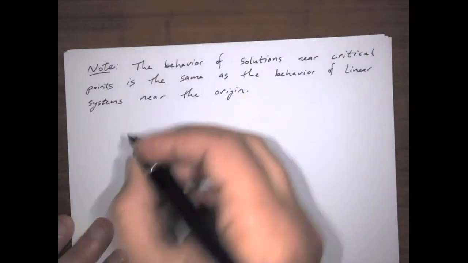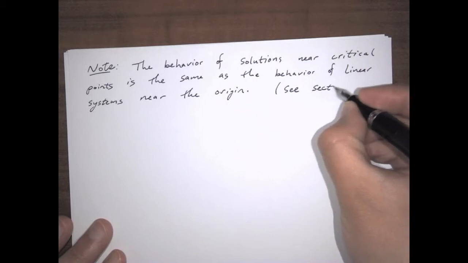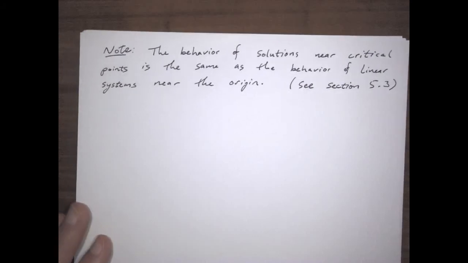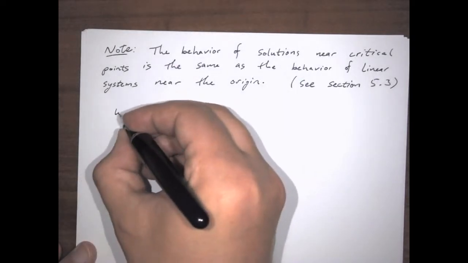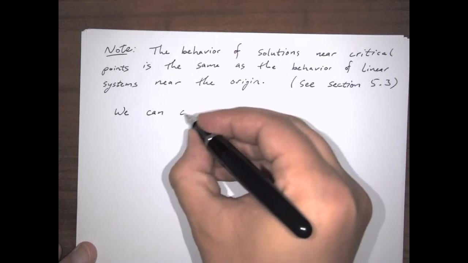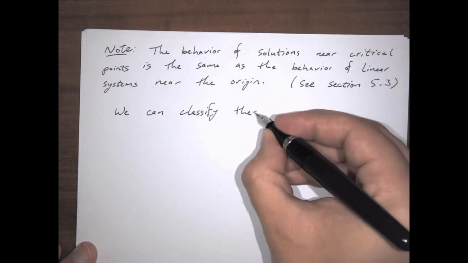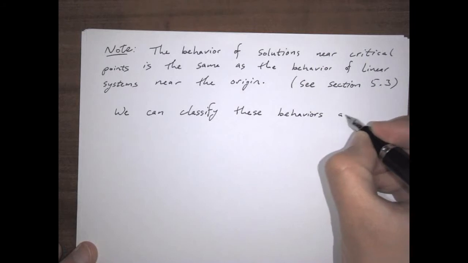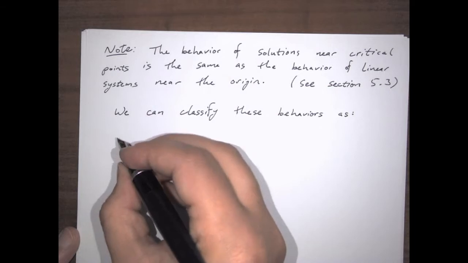Near the origin. So in other words, section 5.3. The gallery of behaviors that we saw then apply now as well. So in other words, we can classify these behaviors, and we can just use the same terms basically as before.